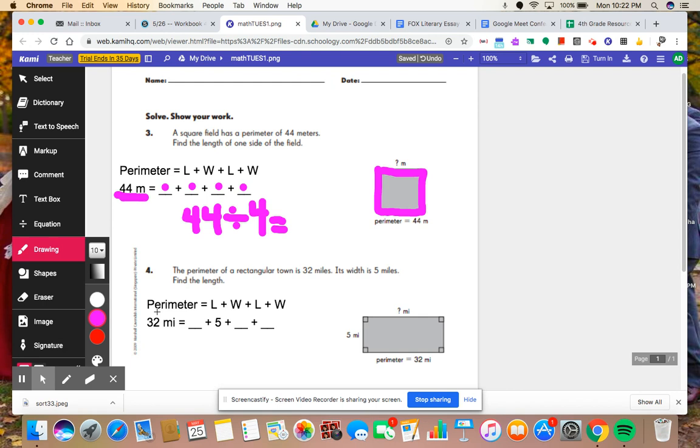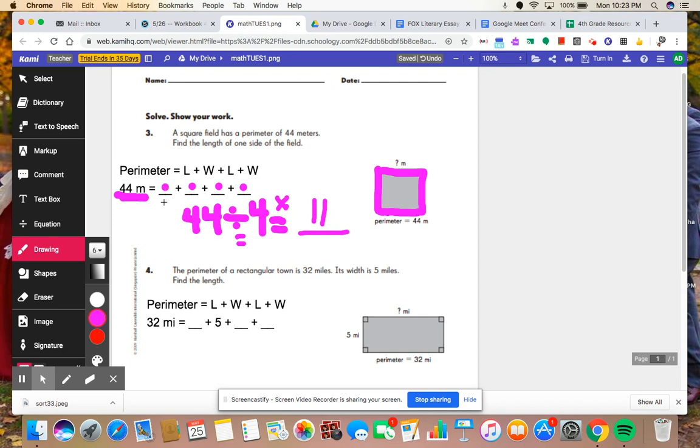So remember the trick I taught you. What number times 4 gives me 44? So blank times 4 equals 44. You will find out that the answer is 11.